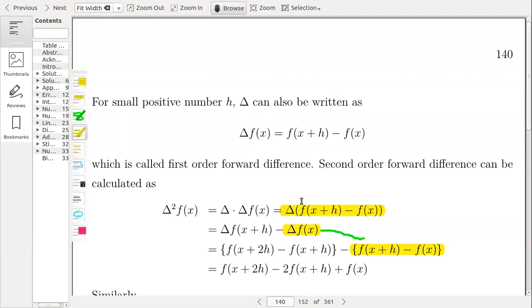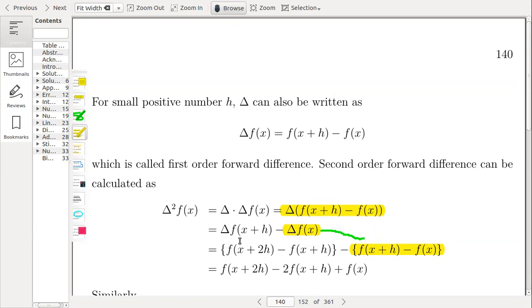If we apply again the delta on this delta f of x, we will have delta f of x plus h minus delta f of x. Because delta is a linear operator, it can be operated inside the brackets.